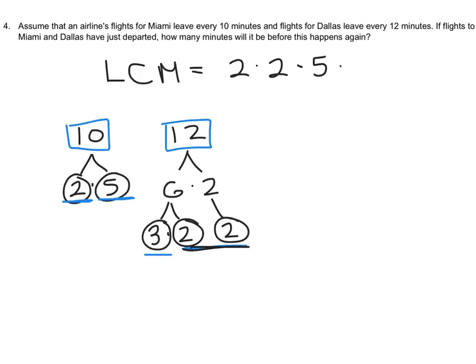So the greatest number of times 3 occurs is 1 time. So I'll write down a 3. The LCM is found by multiplying 2 times 2 times 5 times 3. And when I multiply all of those numbers together, I get 60. So the LCM is 60. And this means that the flights will depart at the same time again after 60 minutes.